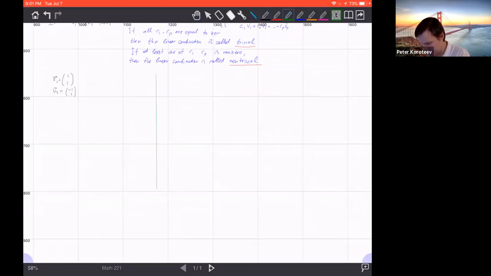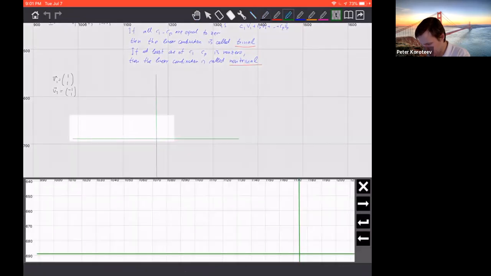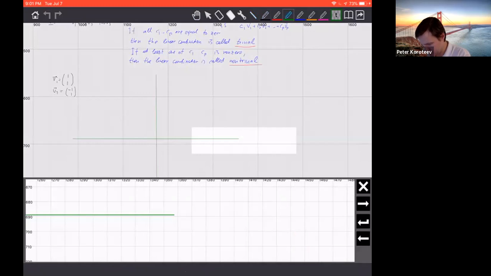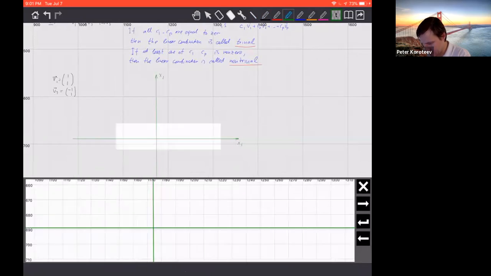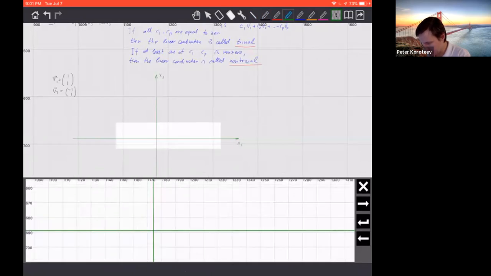So I could make it a bit bigger. So that's x1, x2. So the (1, 1) vector looks like this. Right, so that's (1, 1). It's V1. And (-1, 1) looks like that.